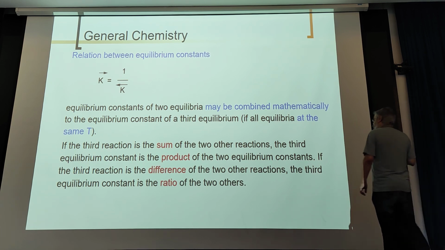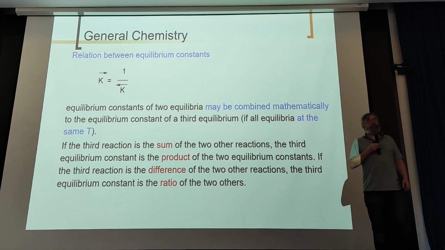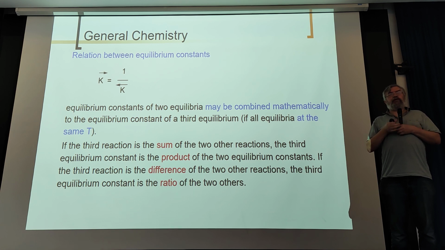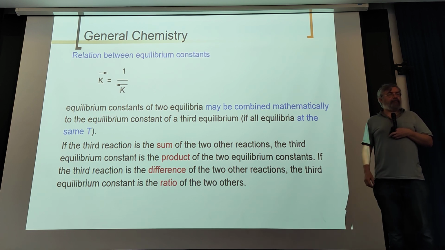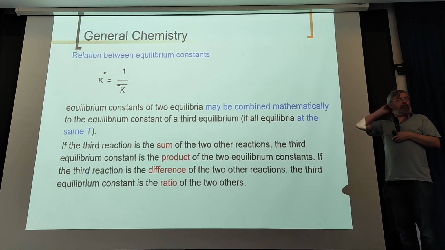If the third reaction is the difference of the two other reactions, the third equilibrium constant is the ratio of the two. Now, if there are any coefficients, for instance, reaction 1 minus 2 times reaction 2, then we have to square the K of the reaction. So we have to put the exponent according to the coefficient.